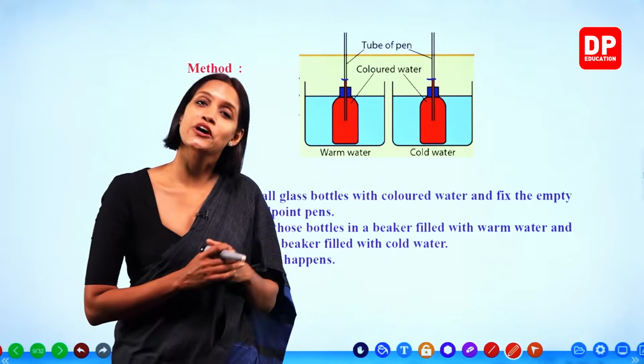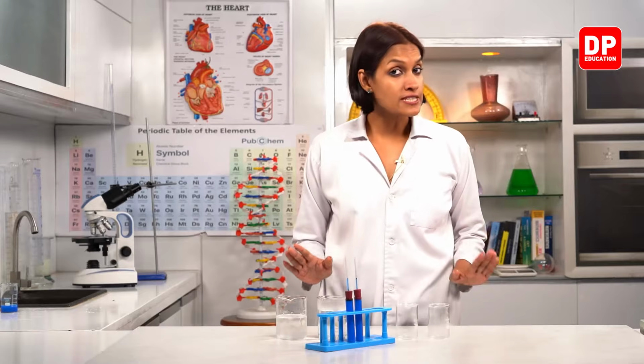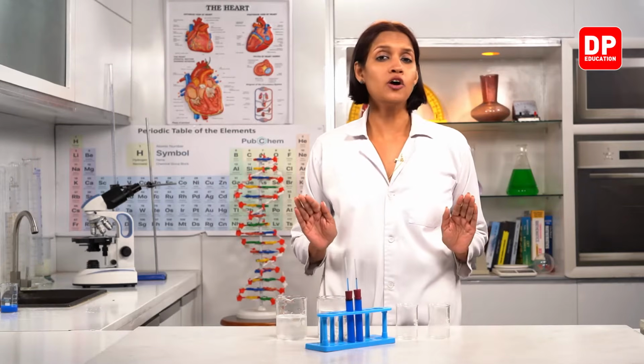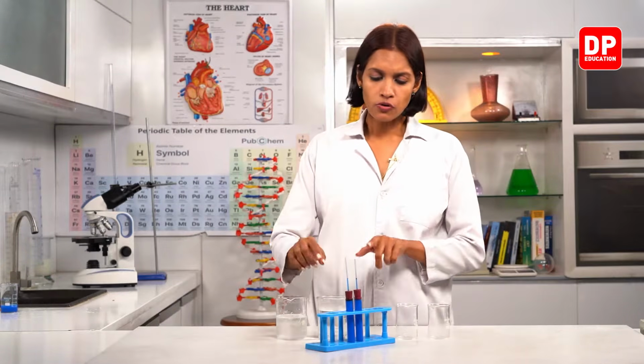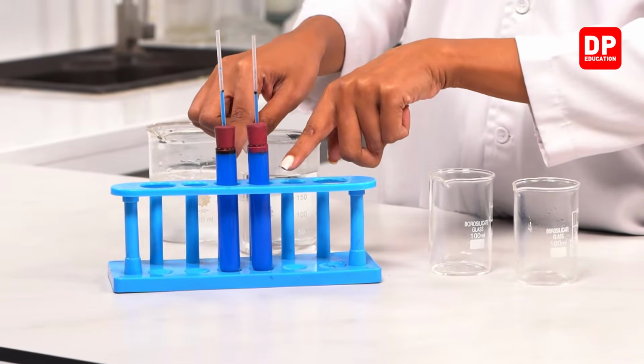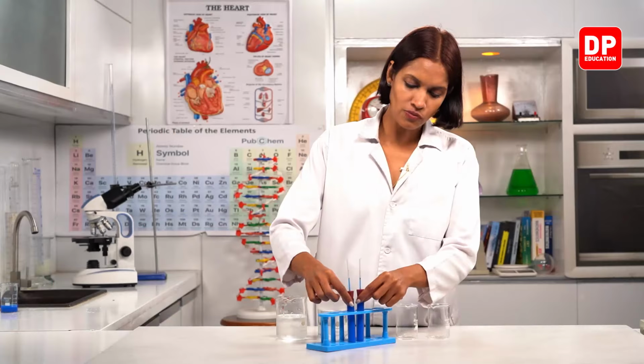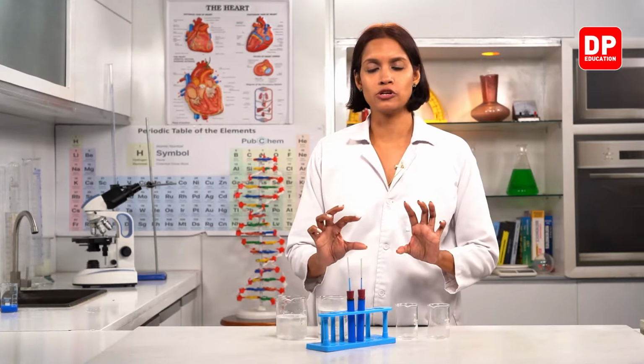Right, children? So we are going to do this activity now in the lab. Right, children? By doing this activity, we can understand how thermometers work. Look what I have here. Here I have 2 test tubes filled with colored water, and you all can see they are similar test tubes. You can even use small glass bottles, okay?